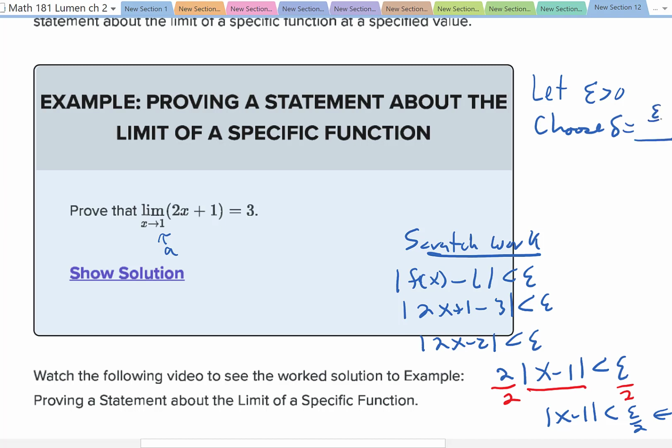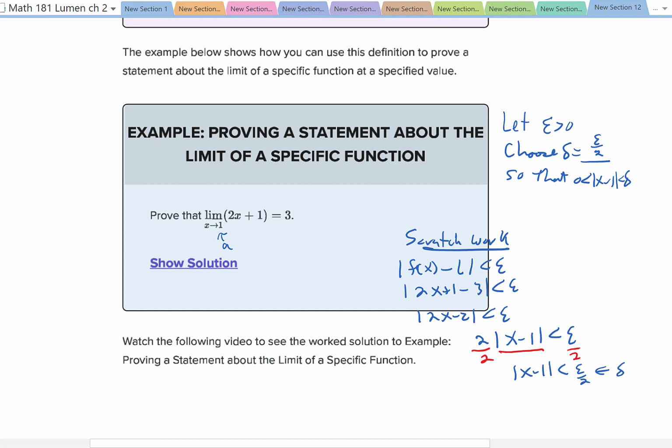We're going to call it epsilon over 2, so that 0 is less than the absolute value of x minus 1, less than delta. Let me make this a little bit smaller. Yeah, there we go. That fits a little better.